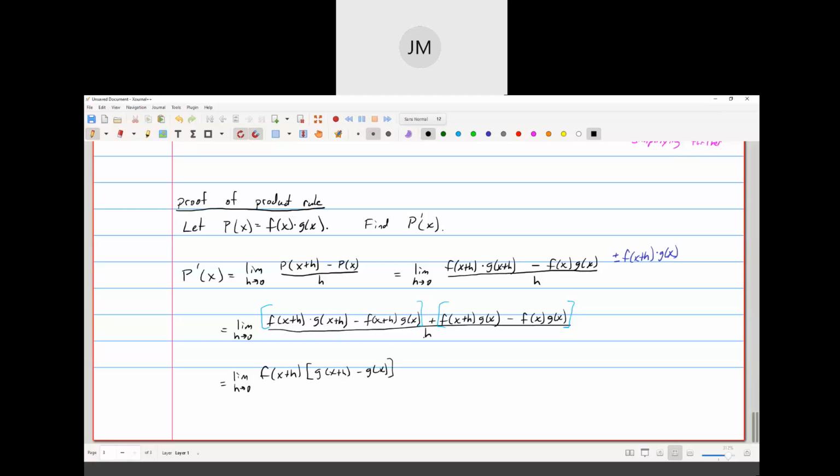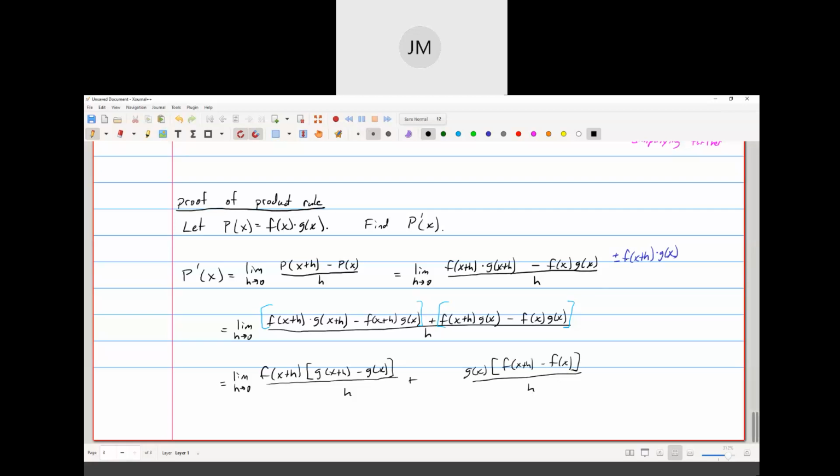And at the same time, I'm also going to break up my fraction so that I have a fraction here and another fraction over here. Okay. On the right, the thing that's common to both is a g of x. And what I have left is f of x plus h minus f of x.